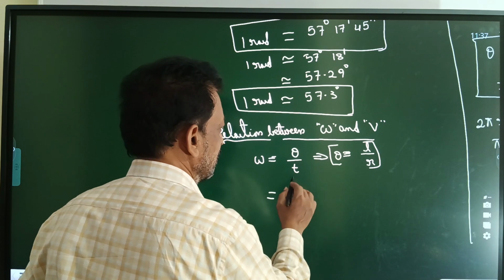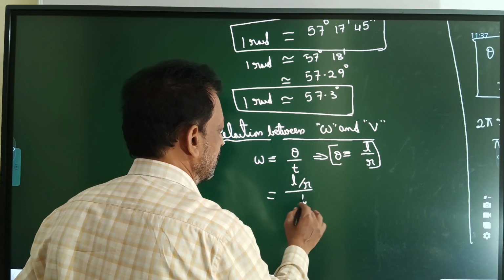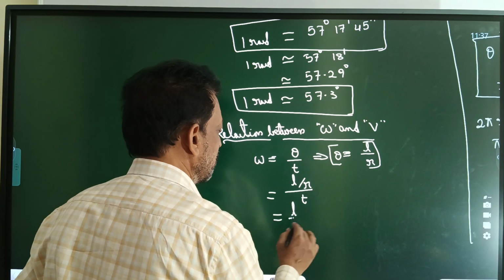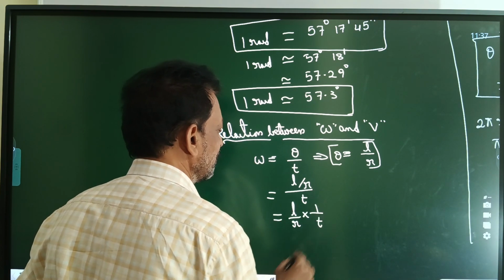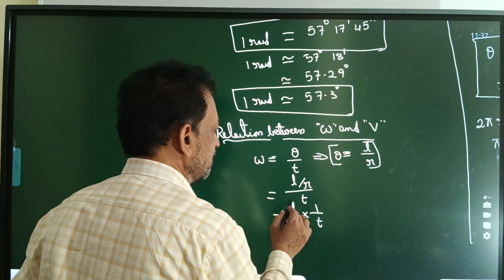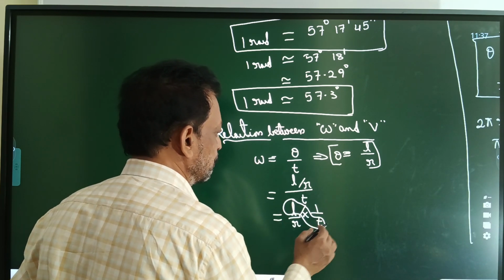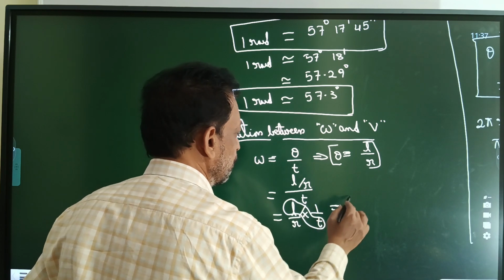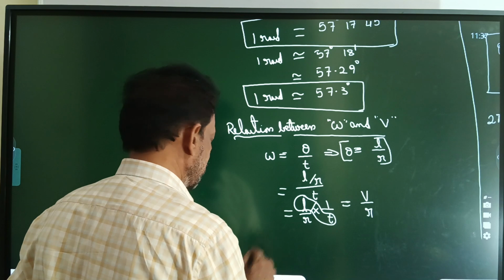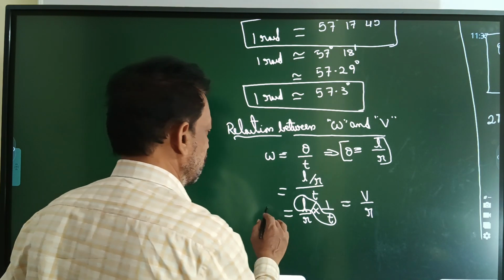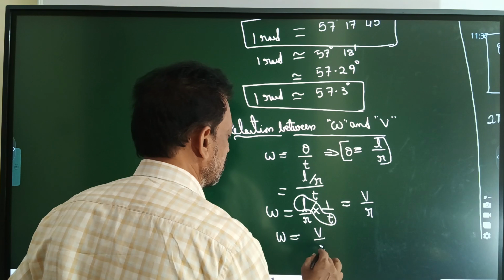Now substitute it here: L by R divided by t, which is L by R into 1 by t. Length by time t gives you velocity, that is V by R. So length by time gives you velocity. Now you can write omega is equal to V by R.